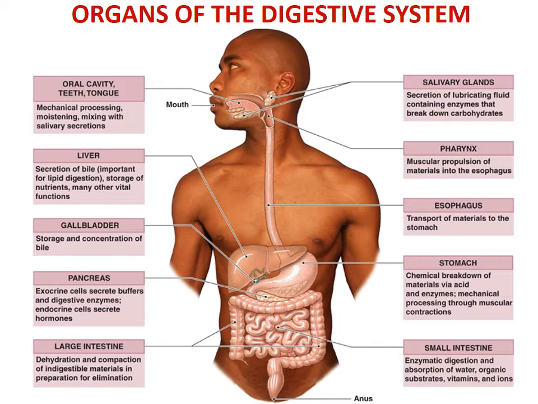The esophagus is the tube, and through the tube the bolus passes to the stomach, and the stomach is the main part of the digestive system where the breakdown of the material takes place through acid, enzyme and mechanical processes, through muscular contraction. Then the small intestine does enzymatic digestion and absorption of water and organic material, vitamins and ions. The large intestine does dehydration and compaction.